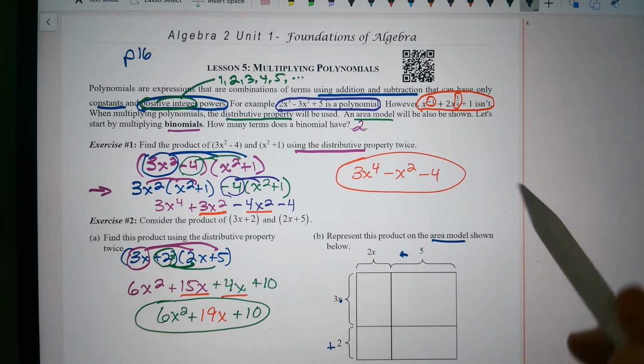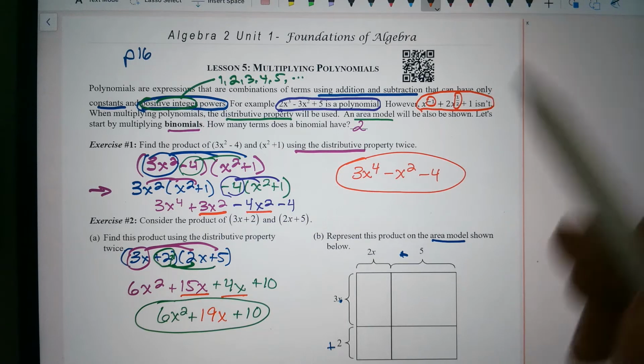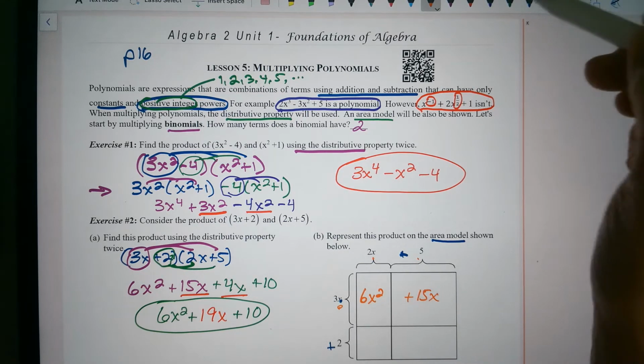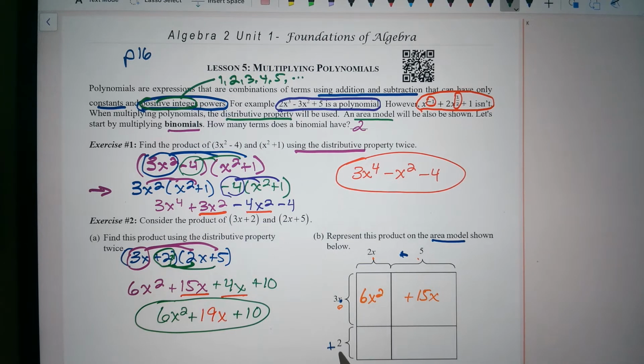And then we would multiply. We would say 3x times 2x is 6x squared, and then 3x times positive 5 is positive 15x. 2 times 2x is 4x, it's in this box, and then 2 times positive 5 is positive 10.